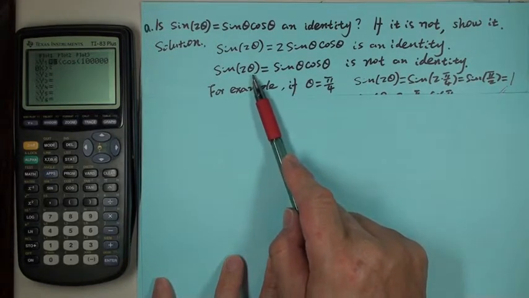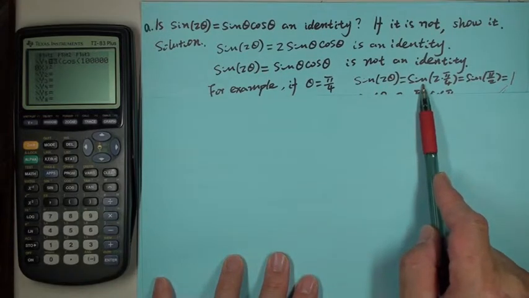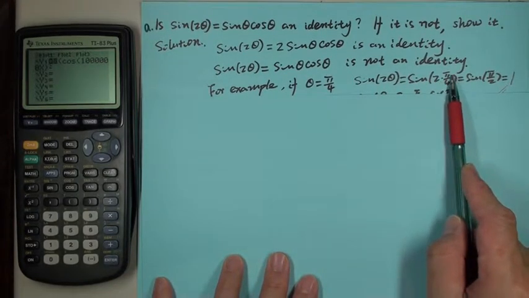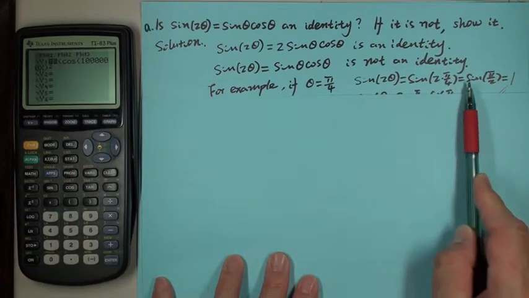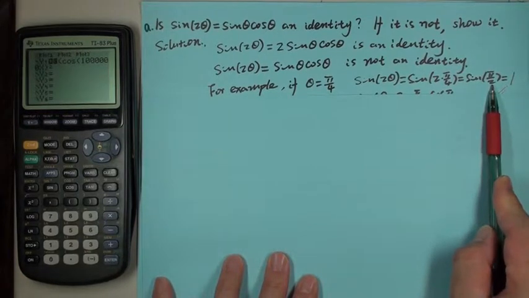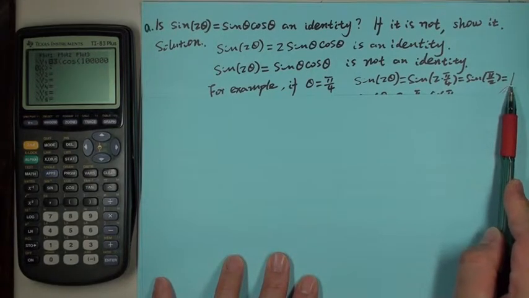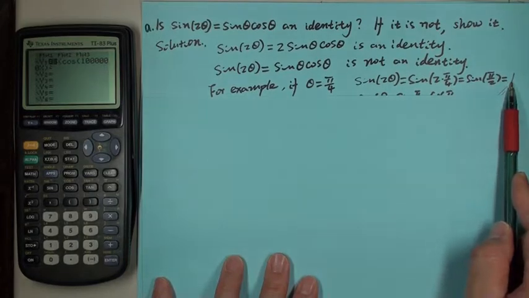If theta equals pi over 4, then sine 2 theta is sine of 2 times pi over 4. Pi over 4 times 2 is pi over 2, and sine pi over 2 is 1. So the left-hand side is 1.